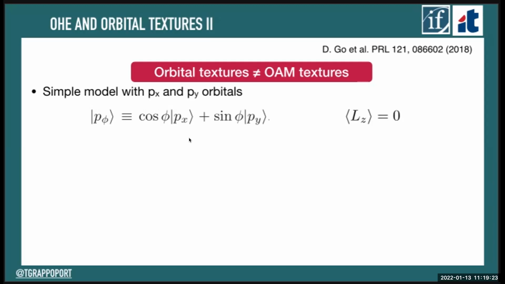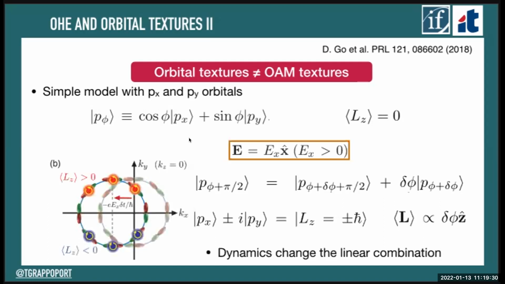What they show in this work is that by applying an electric field, the dynamics, which in this case involves the hybridization with another band, can change these superpositions and produce a complex linear combination between px and py that now can carry orbital angular momentum. So without any electric field, there was no angular momentum in the system at all. And it only appears when we turn on the electric field.